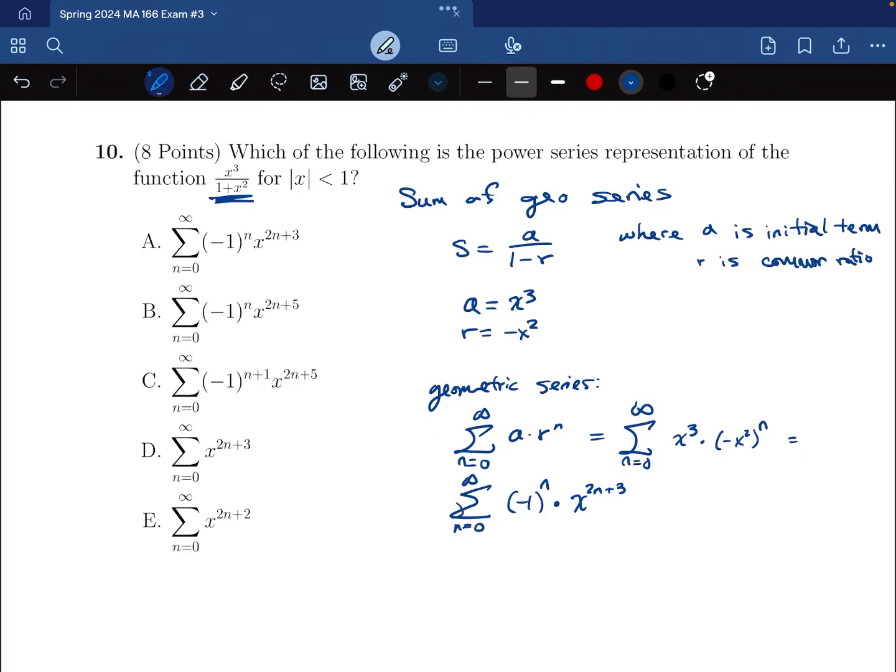Okay, and now if I look at my answer choices, the answer choice that best matches this is A. So A is our correct answer.